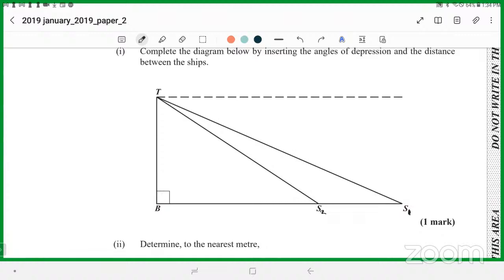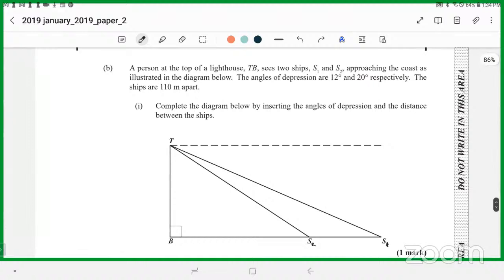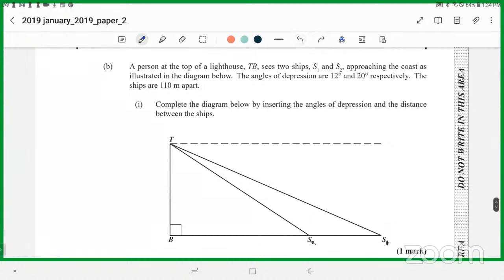All right? So this question says, a person at the top of a lighthouse, it's a lighthouse here, so let me just go back for the group. This is a lighthouse right here. He sees two ships, S1 and S2, approaching the coast as illustrated in the diagram below. The angles of depression are 12 and 20 degrees respectively.